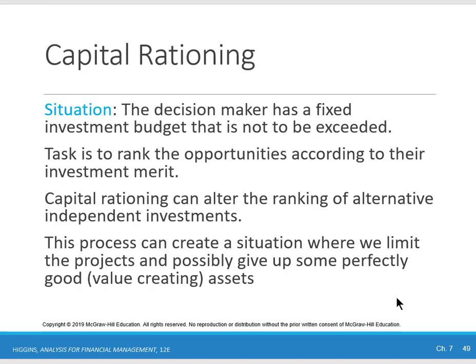Capital rationing is the process when management imposes a limit on how much money we're allowed to spend on projects. Again, we need to rank these projects. However you do that, you do that. But the idea here is that since we're altering the ranking, we're going to get different combinations of projects.